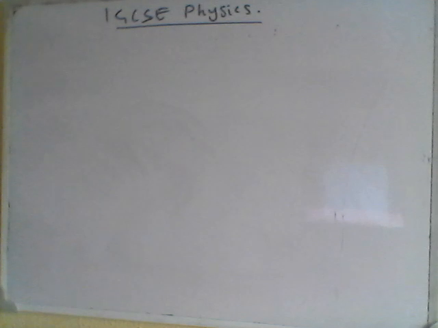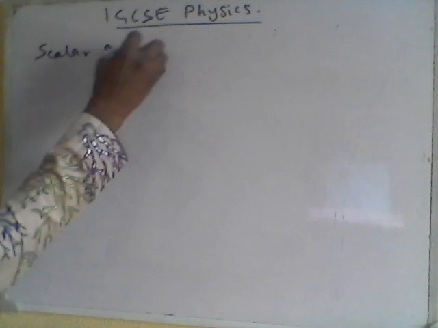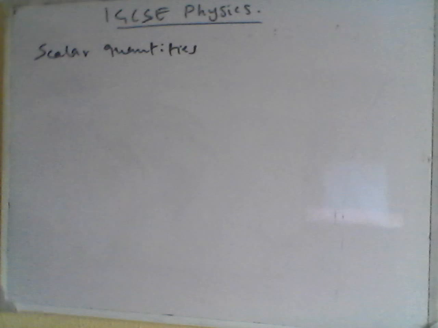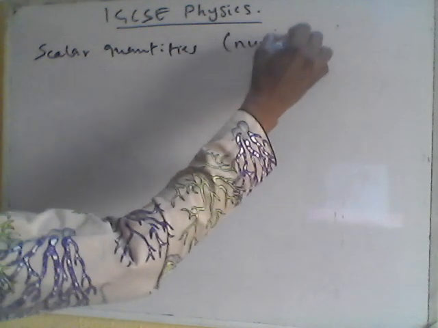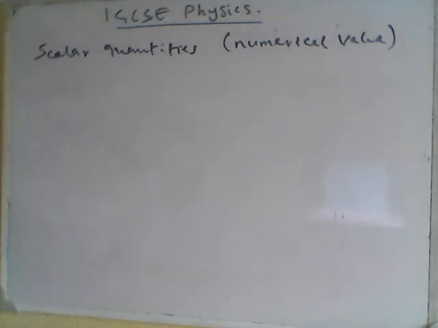So what are scalar and vector quantities? Scalar quantities are quantities that have only magnitude, a numerical value and a unit.